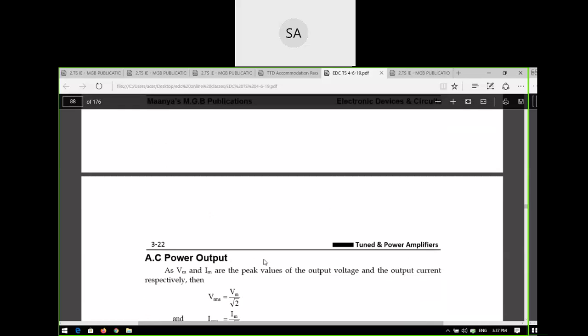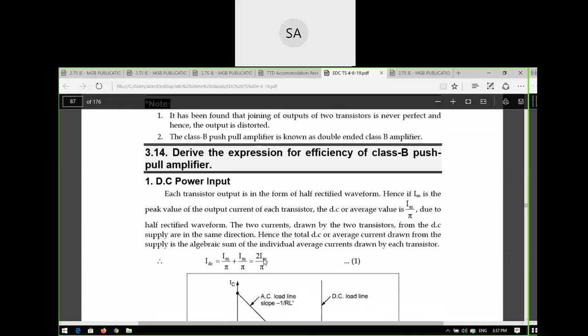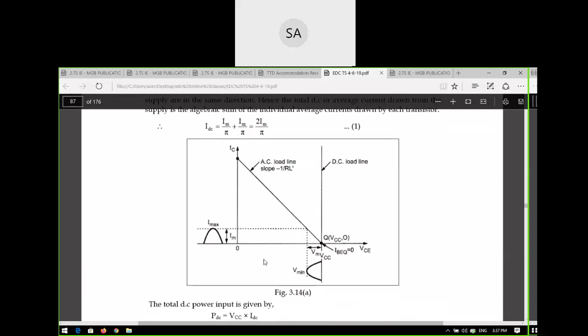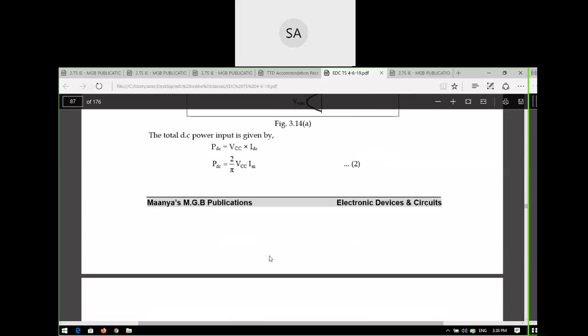How do we get the AC power and DC power? The DC power input is DC, which is the average value. The average value of current is IDC. IDC means 2 IM by pi because it is a half cycle. DC power means VCC into IDC, so VCC IDC is 2 IM by pi into VCC.